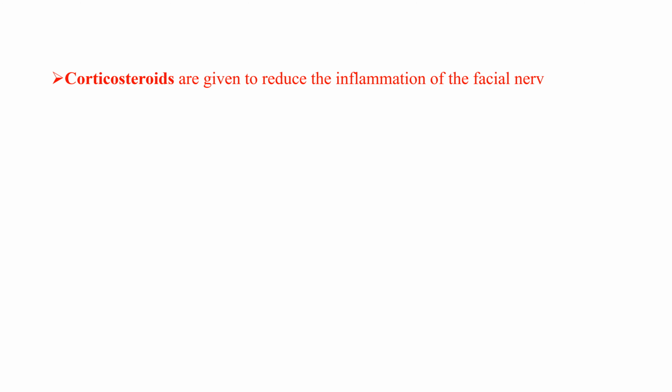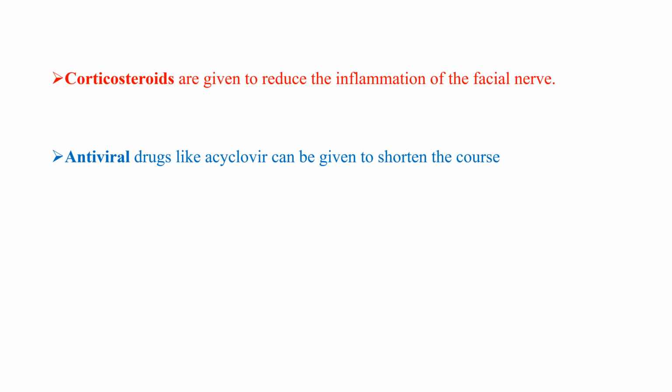Now, we'll see about the management of Bell's palsy. Corticosteroids are given to reduce the inflammation of the facial nerve. Antiviral drugs like acyclovir can be given to shorten the course of the disease.